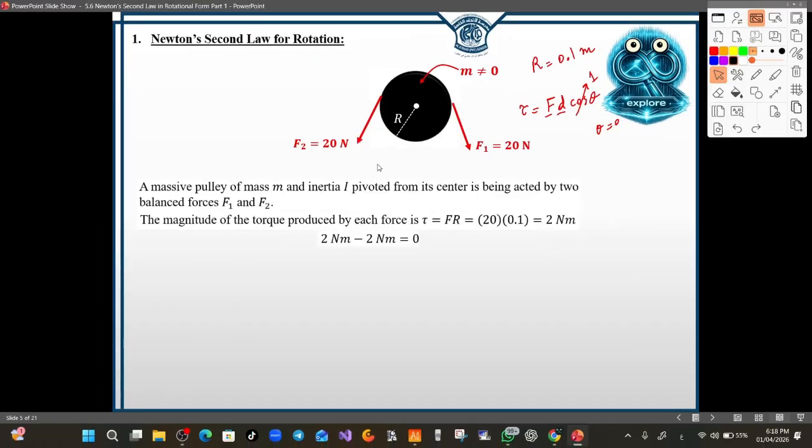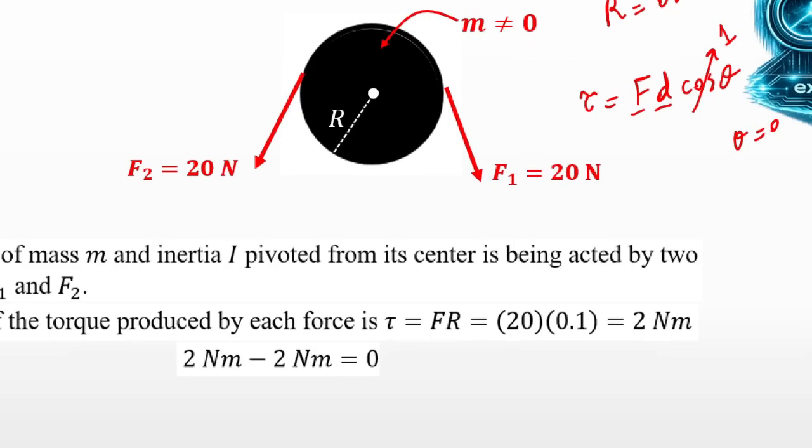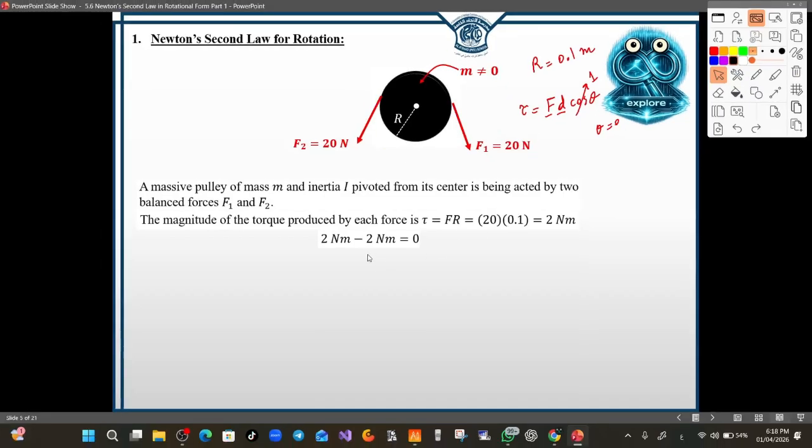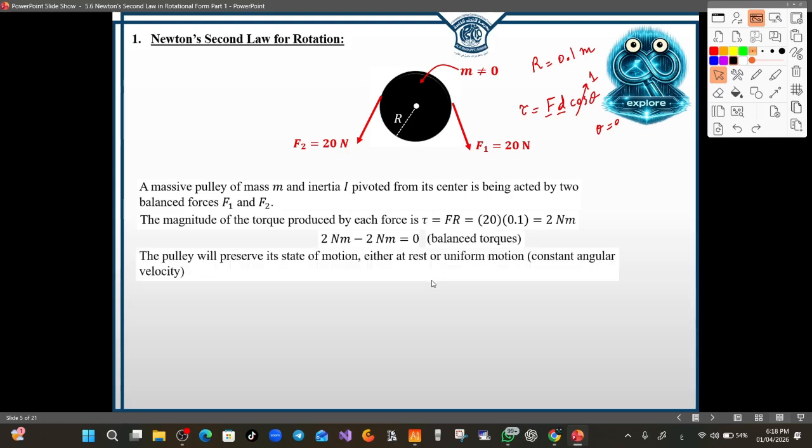Since they are acting in opposite directions, if we consider the positive sense in the clockwise direction, then one of the torques will be positive and the other negative, and we will have, as a result, balanced torques. The pulley will preserve its state of motion, either at rest or uniform motion.